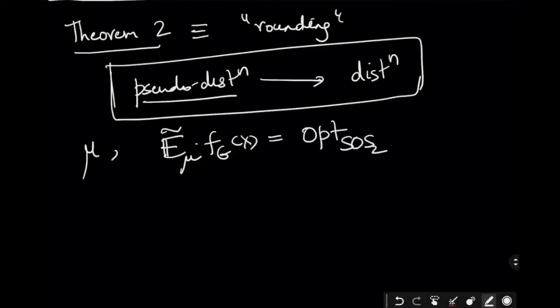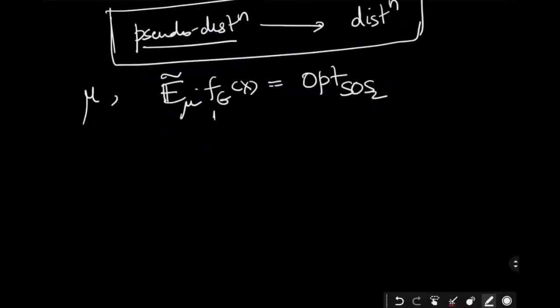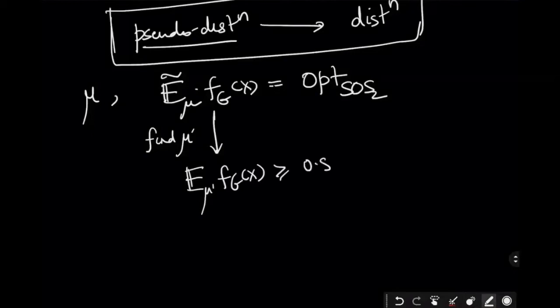So we'll try to find a distribution mu prime such that E mu prime F_G of X is as large as possible compared to opt SOS2. We would like to preserve the property that the pseudo expectation of F_G is opt SOS2 under the actual distribution. We can't quite do that. We'll instead only prove that it's at least 0.878 times opt SOS2.